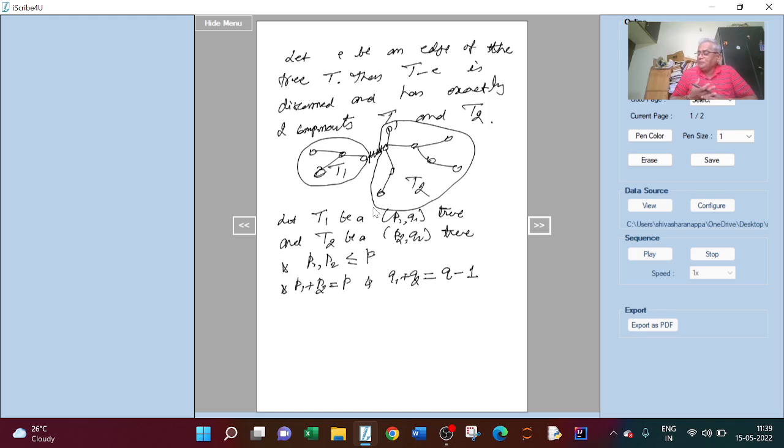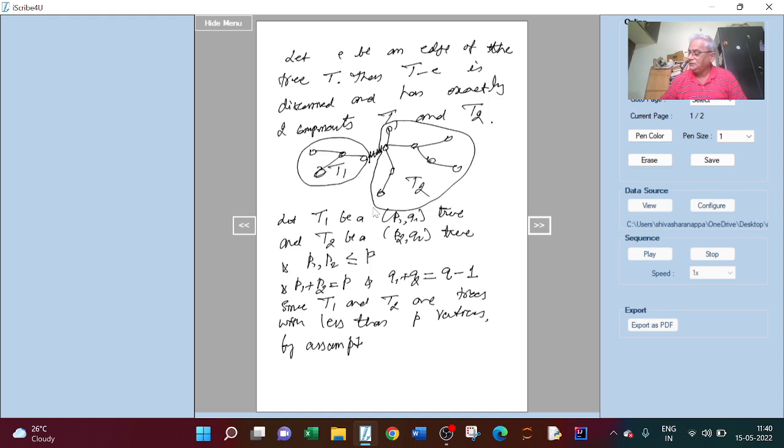So we can write P1 equal to Q1 plus 1 and P2 equal to Q2 plus 1.